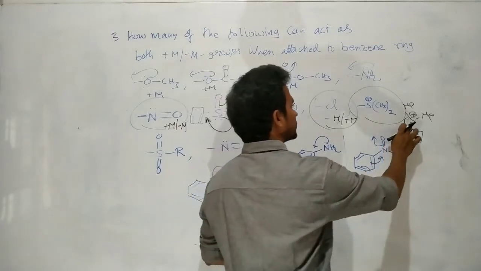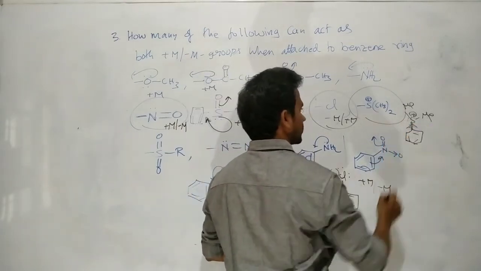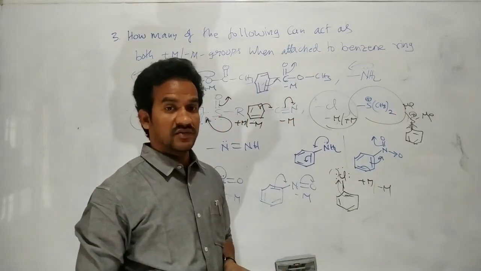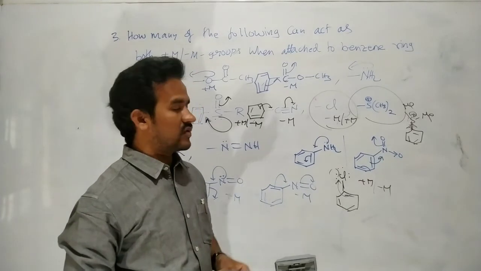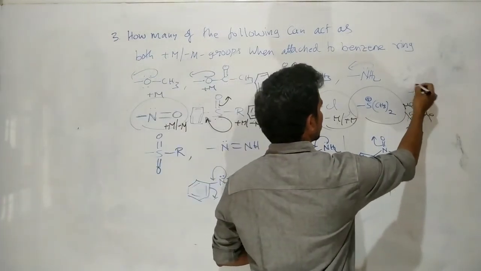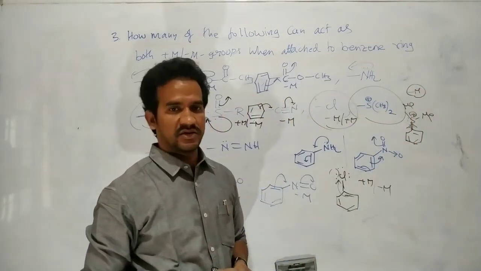This acts as only a withdrawing group, because the sulfur has a vacant d orbital. So this one acts as a minus M group, but cannot act as a plus M group.